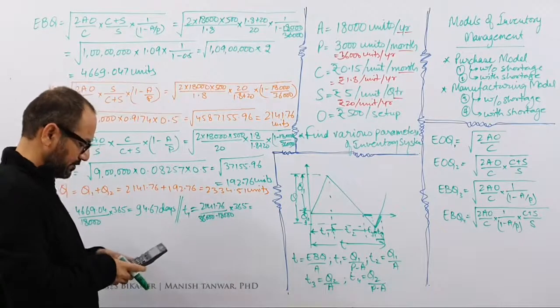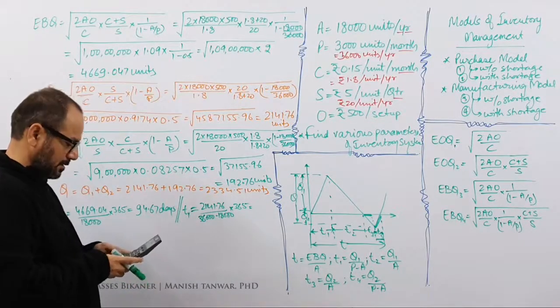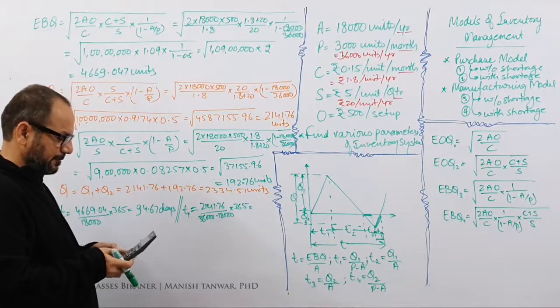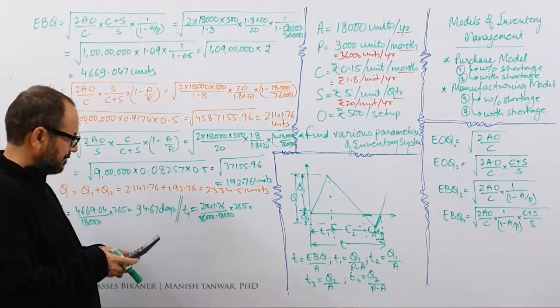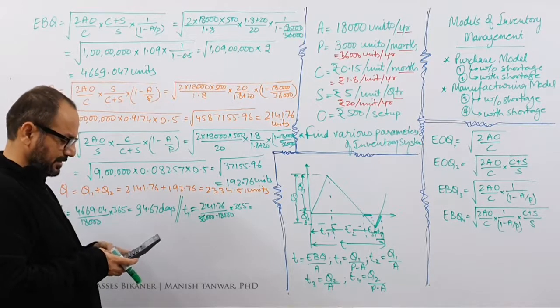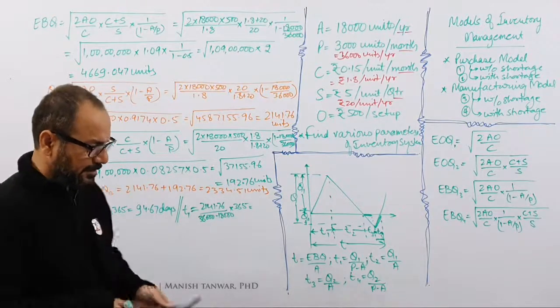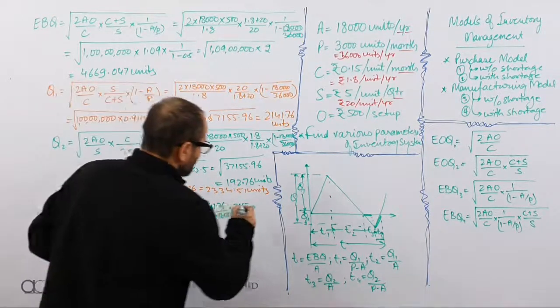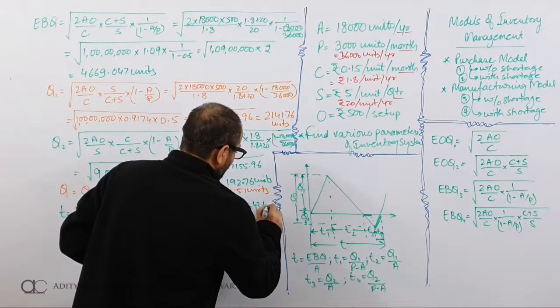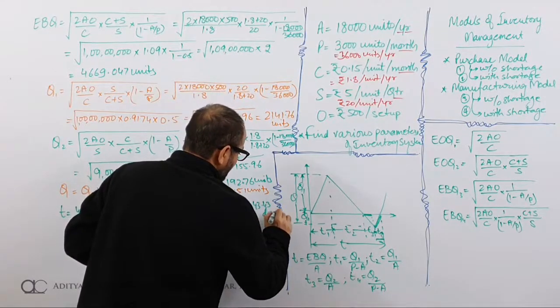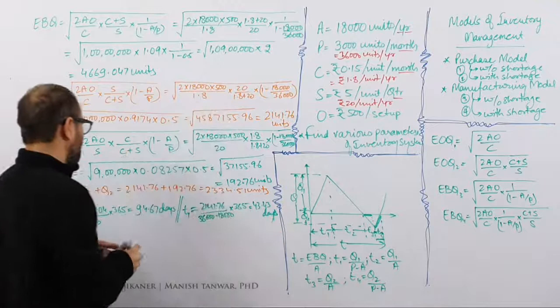So 2141.76 divided by 18,000 multiplied by 365, giving me 43.43 days. Why days? Because I have multiplied it by 365.